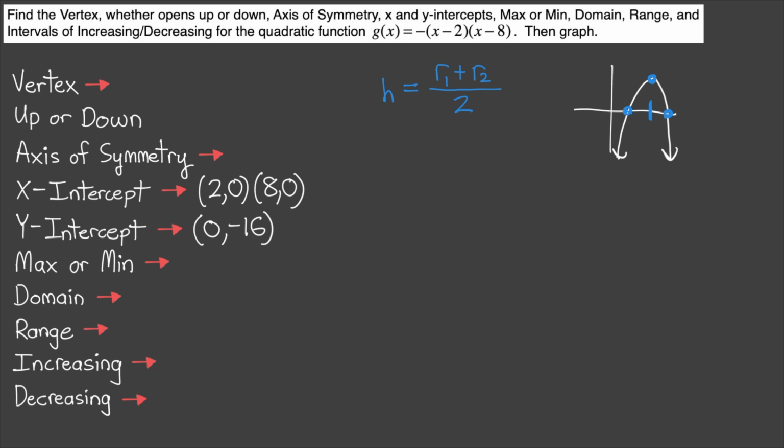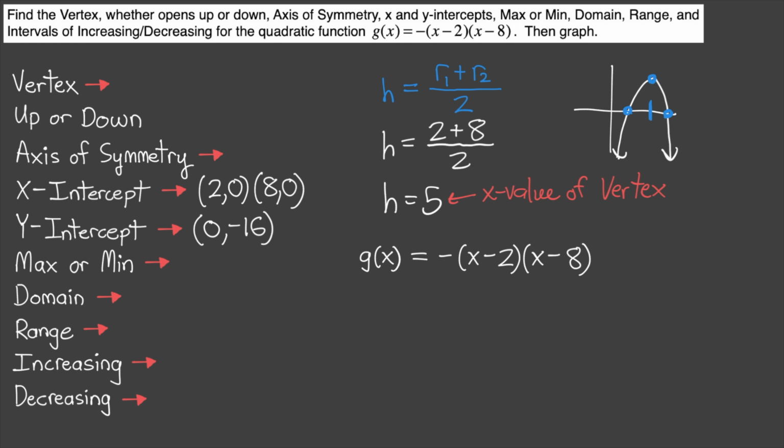So let's go ahead and do that. h is going to equal r1, which is 2, plus r2, which is 8, divided by 2. 2 plus 8 is 10, divided by 2 is 5. All right, so we now know the x value of the vertex. Now we're going to find the y value of the vertex. All we do is plug that in to our function for x.